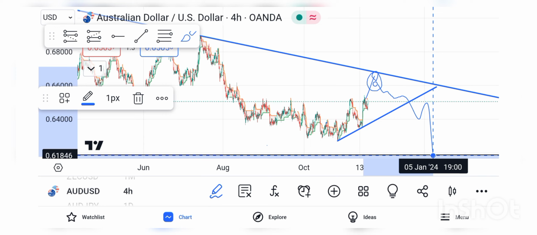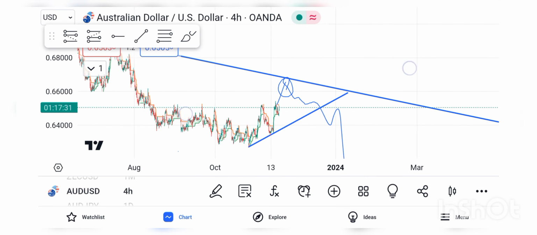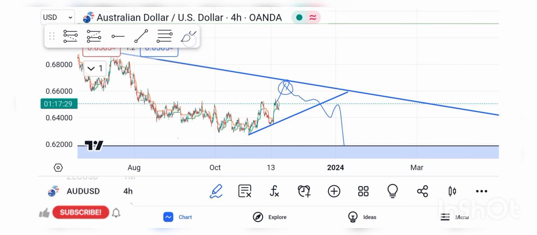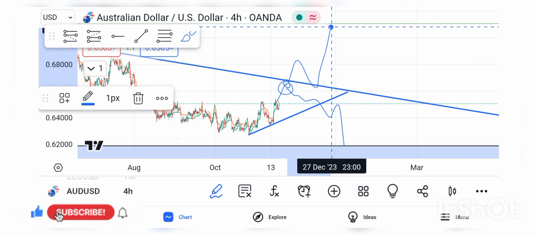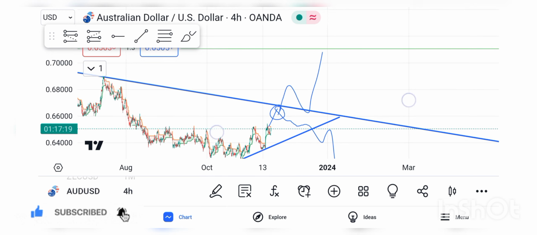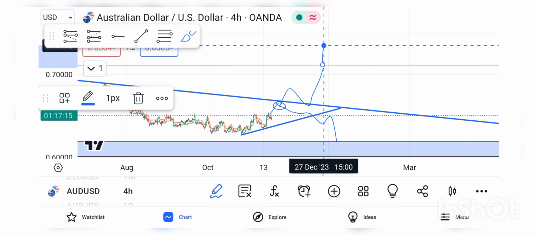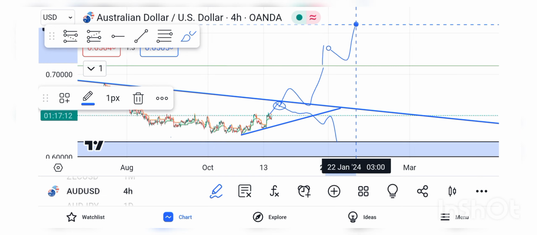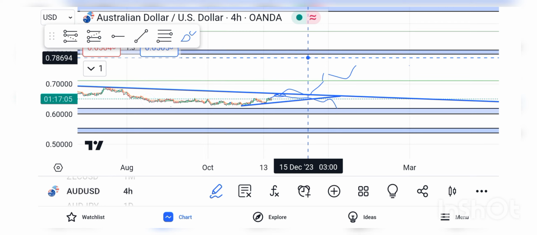That's what we expect to see. If that doesn't happen, then the reverse would happen. We'll most likely see a break of the down trend line, a reversal, and then it goes up to test the 50% level. Once it has tested the 50% level and breaks it, then we know we're targeting the next major zone here, right, guys?